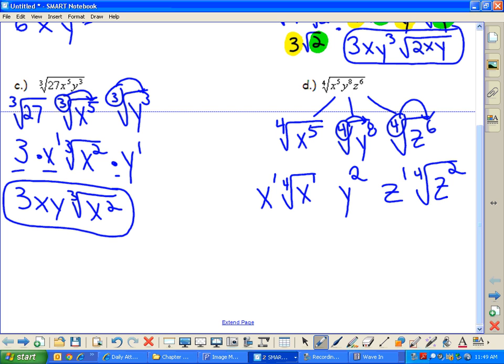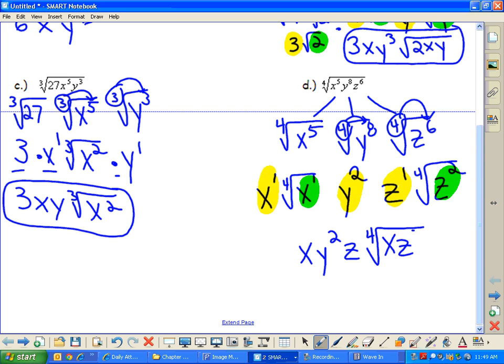Then I take everything that's outside of the radical, here, here, and here, and I'm going to put that together. And everything that's underneath the radical stays underneath. So we have, for our final answer, x, y squared, z, times the fourth root of x, z squared.